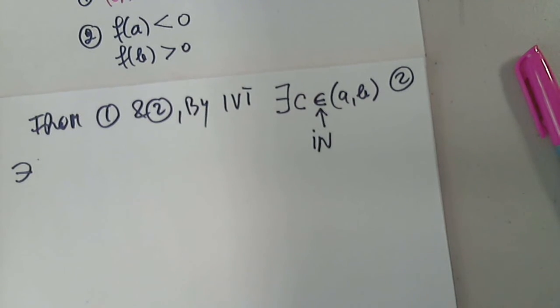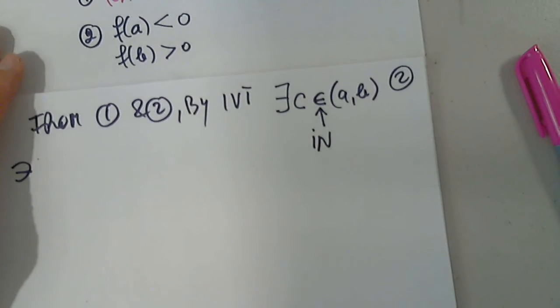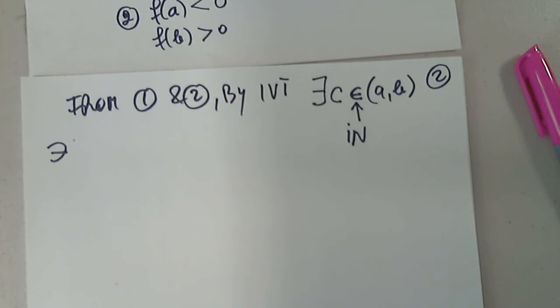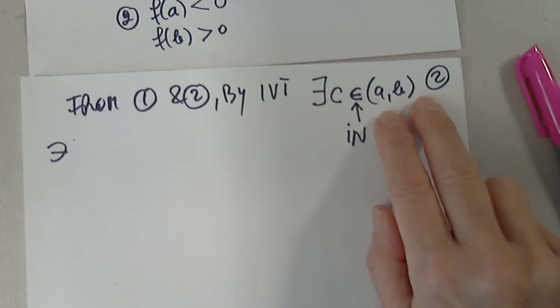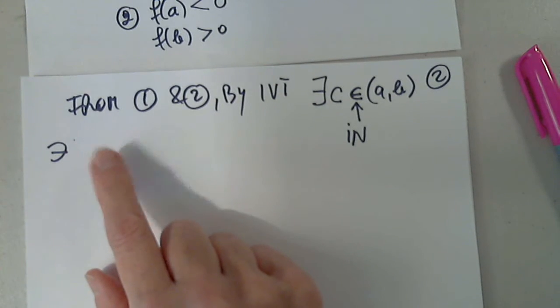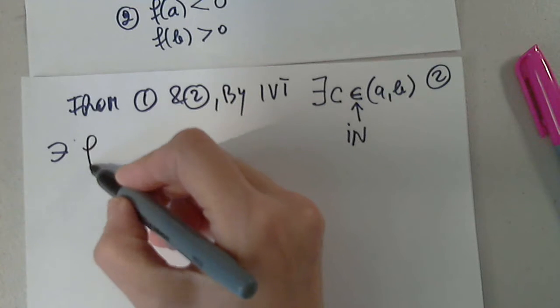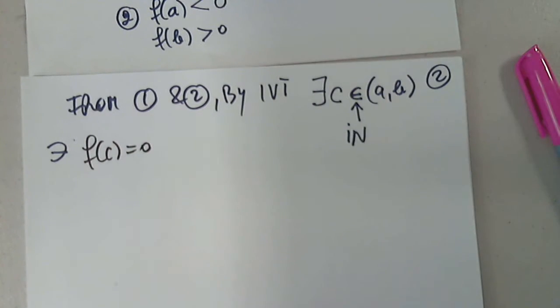What is our conclusion? Look at the graph and you'll say, oh, I know what you're trying to say. Such that, so if it's continuous and it changes sign, there must be a point between a and b where the function value is exactly.